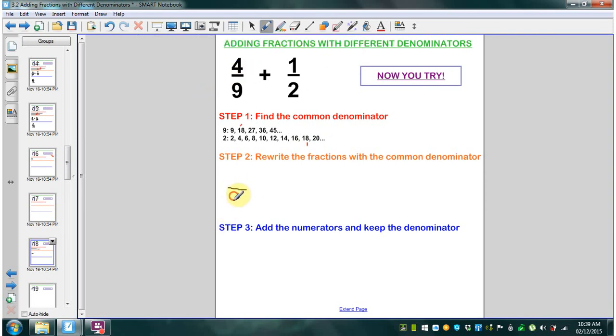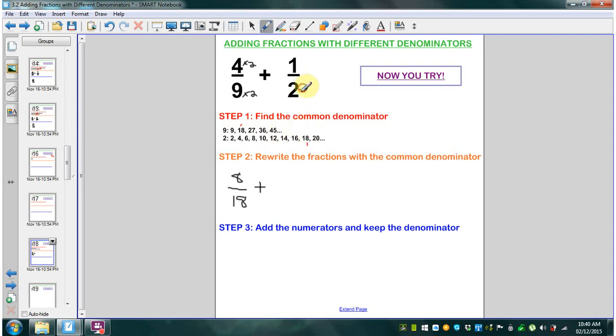So we need 18 on the bottom. How did we make 9 into 18? Well, 9 times 1, 2. Whatever we do to the bottom, we have to do to the top. So 4 times 2 is 8. Bring down our plus. We need 2 to become 18, our common denominator. So how do we make 2 into 18? 1, 2, 3, 4, 5, 6, 7, 8, 9.